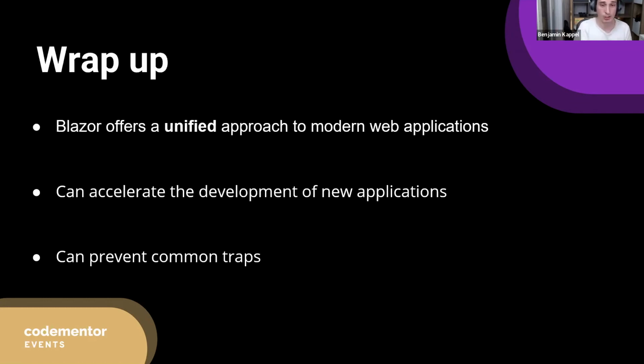As I hope I could show you, you can accelerate the development speed of new applications dramatically if you're using Blazor. Again, right circumstances, right team, and a lot of other things have to be in place as well. And also, you can prevent common traps, which doesn't mean you can't create new ones, but it's easier.